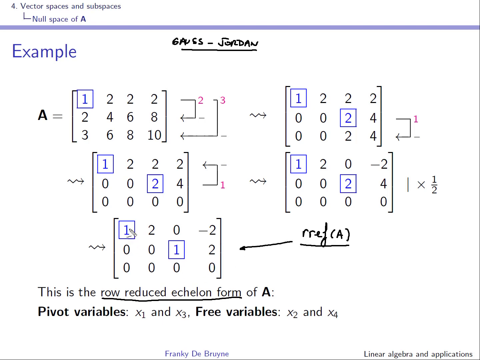We see that there are two pivots, and associated with these pivots are pivot variables x1 and x3, and there are also two free variables that are associated with the columns where there are no pivots. Okay, so column 2 and column 4. So the free variables will be x2 and x4.